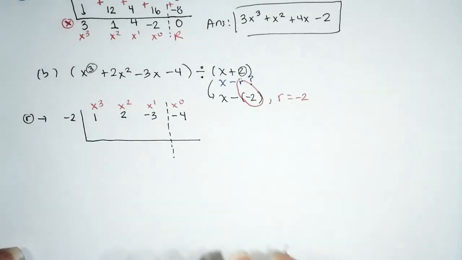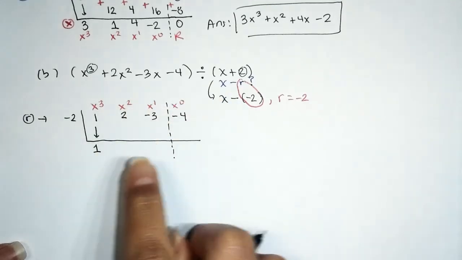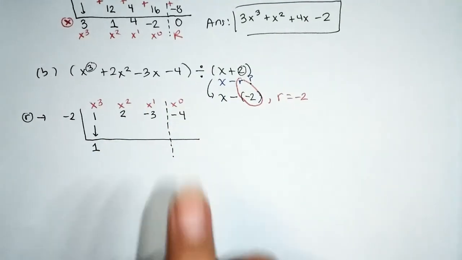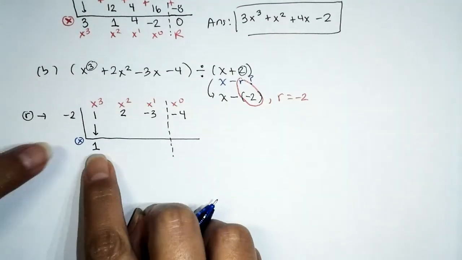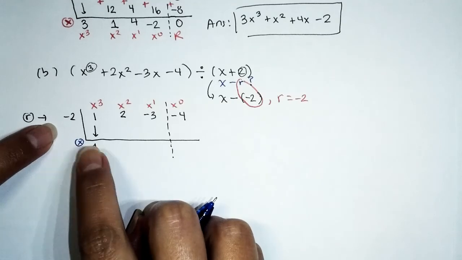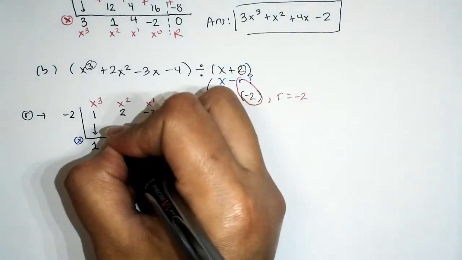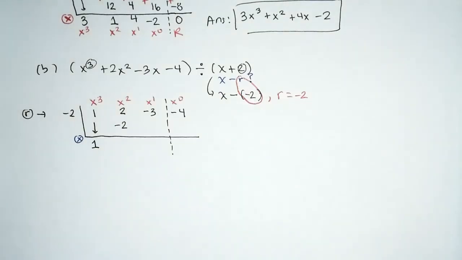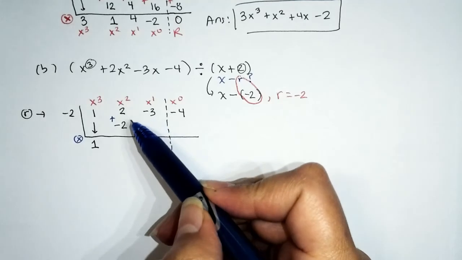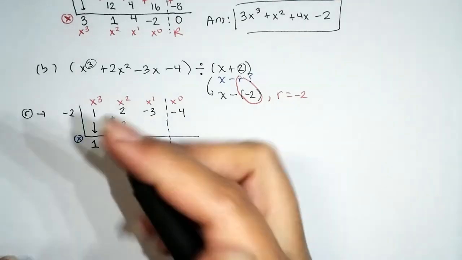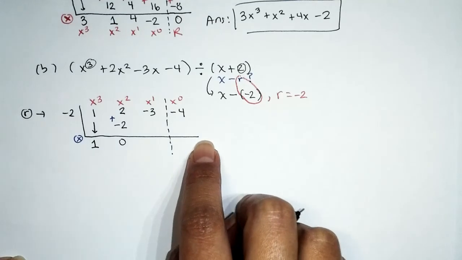For synthetic division, keeping our cool, we're going to drop the first number and then multiply, add until we can't no more. So 1 times -2 will give us -2, and then we're going to add our results. The sum of 2 and -2 will give us 0, and then we multiply, add until we can't no more.